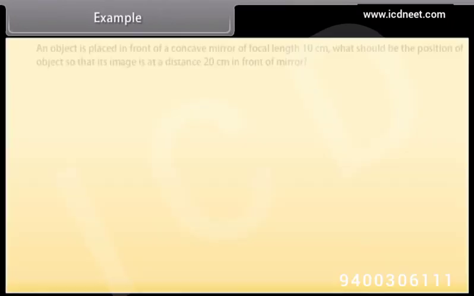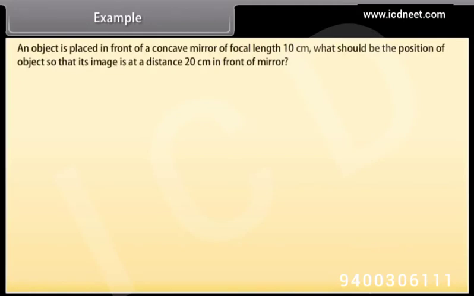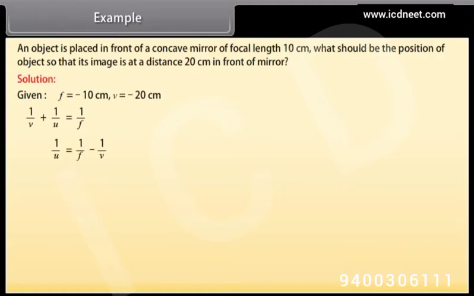Example. An object is placed in front of a concave mirror of focal length 10 centimeters. What should be the position of the object so that its image is at a distance 20 centimeters in front of the mirror? Solution. Given f is equal to minus 10 centimeters, v is equal to minus 20 centimeters. 1 by v plus 1 by u is equal to 1 by f. 1 by u is equal to 1 by f minus 1 by v. 1 by u is equal to 1 by minus 10 minus 1 by minus 20.